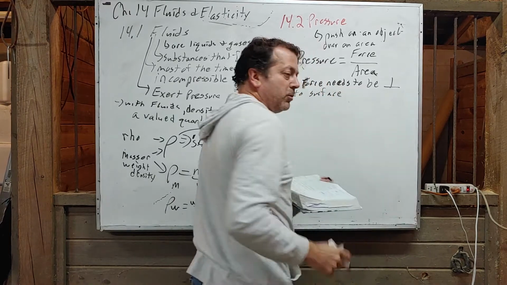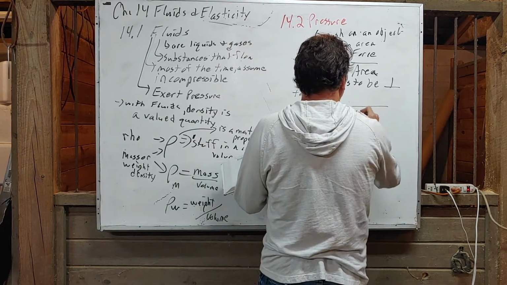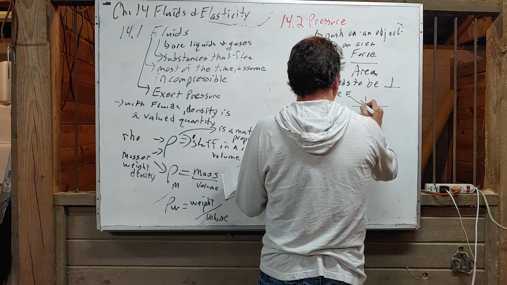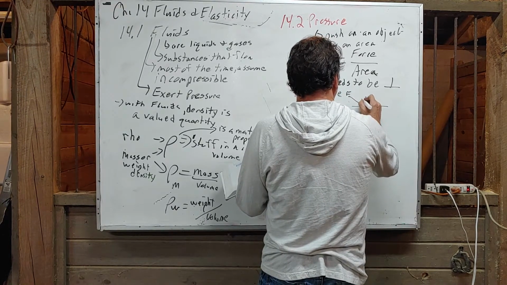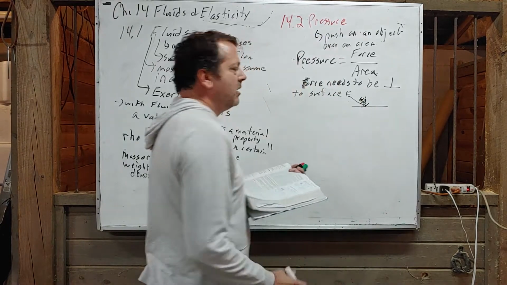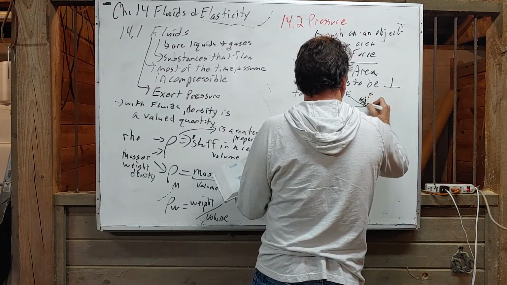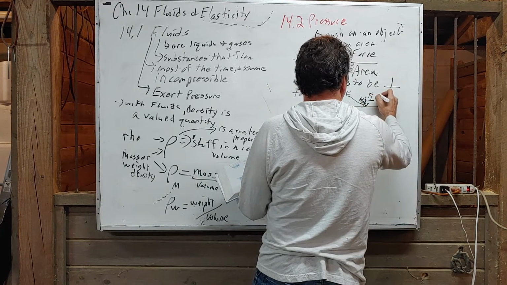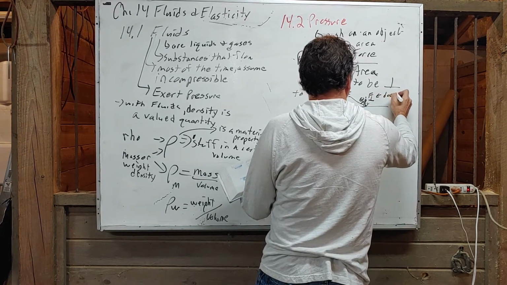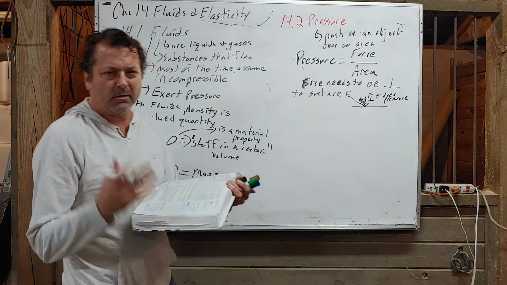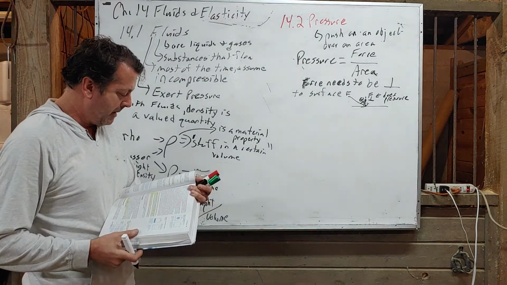If it's at an angle to the surface, say this is your surface here, the force comes in, only the component perpendicular to the surface does the pressure. In case you have a question about that.